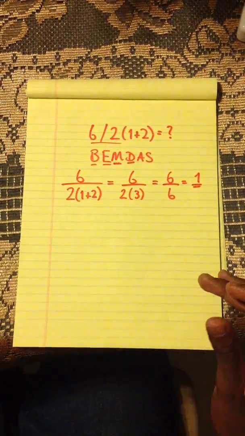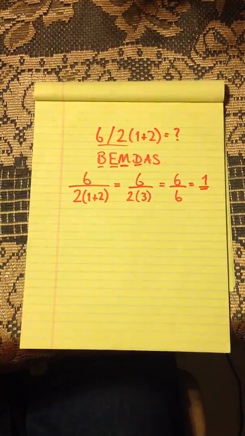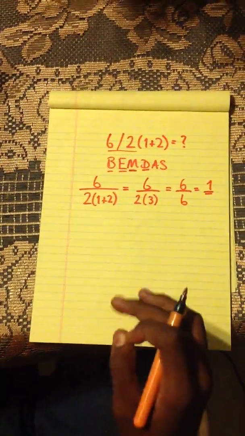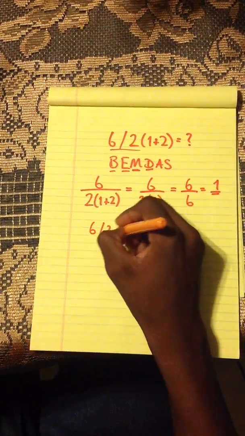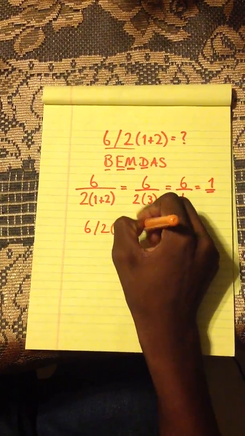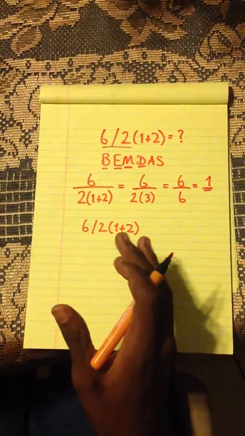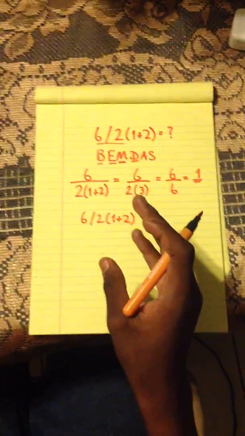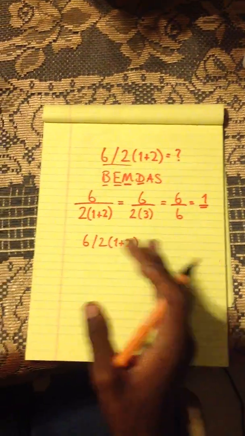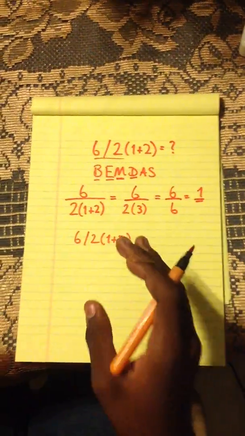Now, if you're going to use a scientific calculator and enter it straight off, 6 divided by 2(1 + 2), the calculator basically reads expressions and equations in the form of a sentence from left to right, and it works things out in that manner.